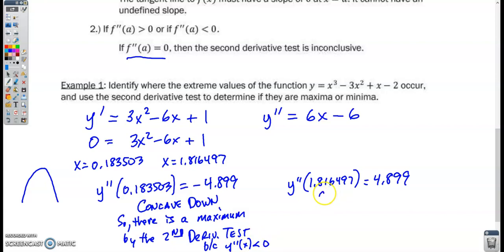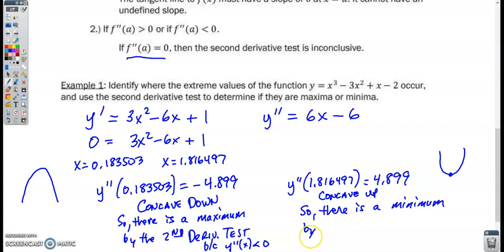Okay, this one's concave up because y double prime is positive. If you think about it, if it's concave up, that means we're going to have a minimum there. So there is a minimum by the second derivative test.